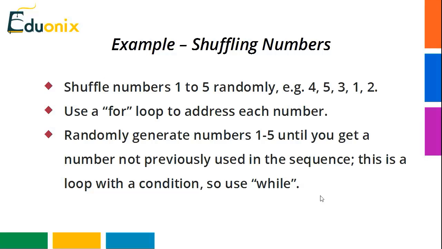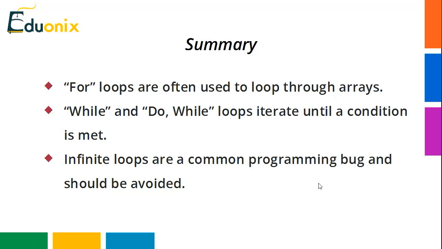And in fact, we'll be looking at a shuffling function in the application programming we're doing in this section as well. So this is a useful introduction to shuffling. So in summary, for loops are often used to loop through array elements, whereas while and do while loops iterate until a Boolean condition is not met. So until the condition is met, but it's actually until that condition is false.